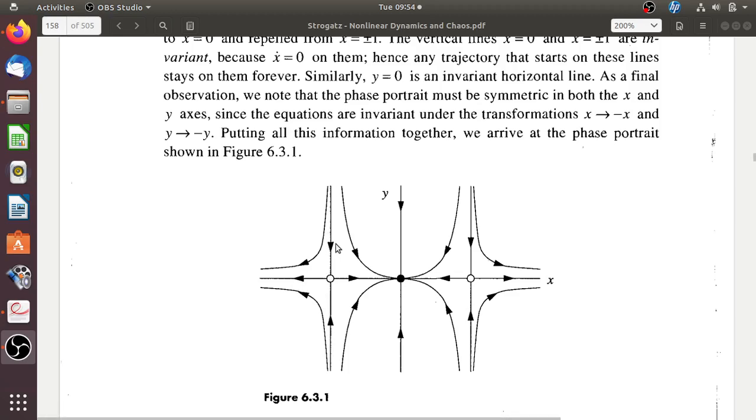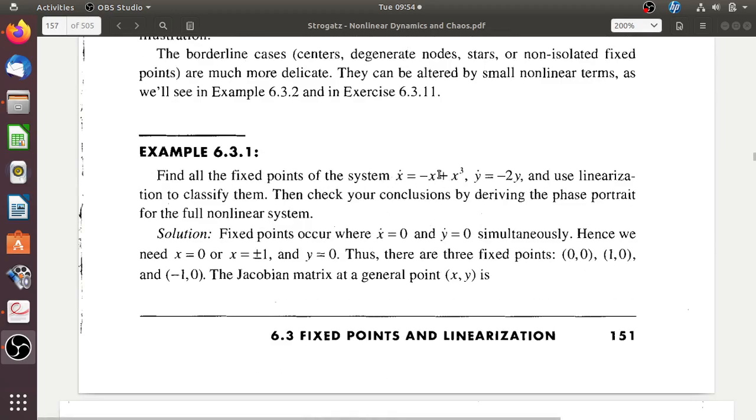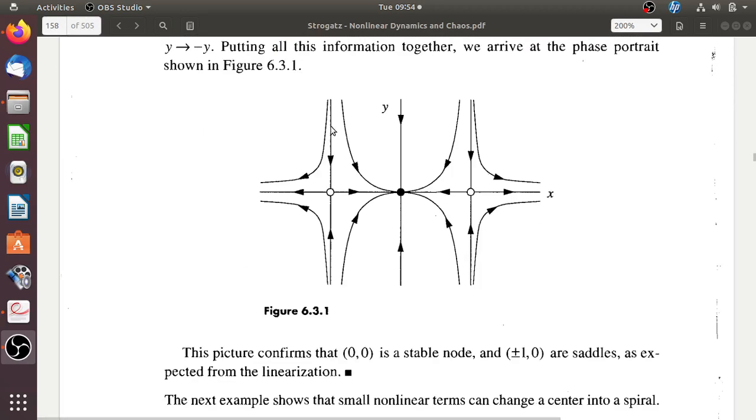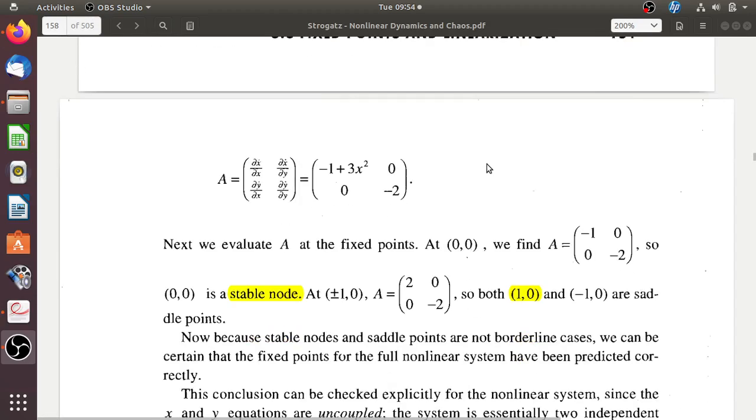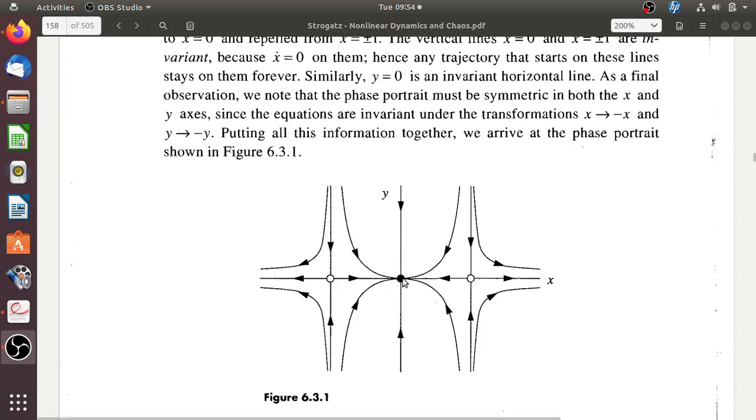So x dot equal to 0 provides three values: x is equal to 0, x is equal to minus 1, and x is equal to plus 1. X equal to minus 1 is this line, x equal to 1 is this line, and x equal to 0 is this line. I have constructed these three lines, and from y dot equal to 0, this is the line. Those are the null lines.